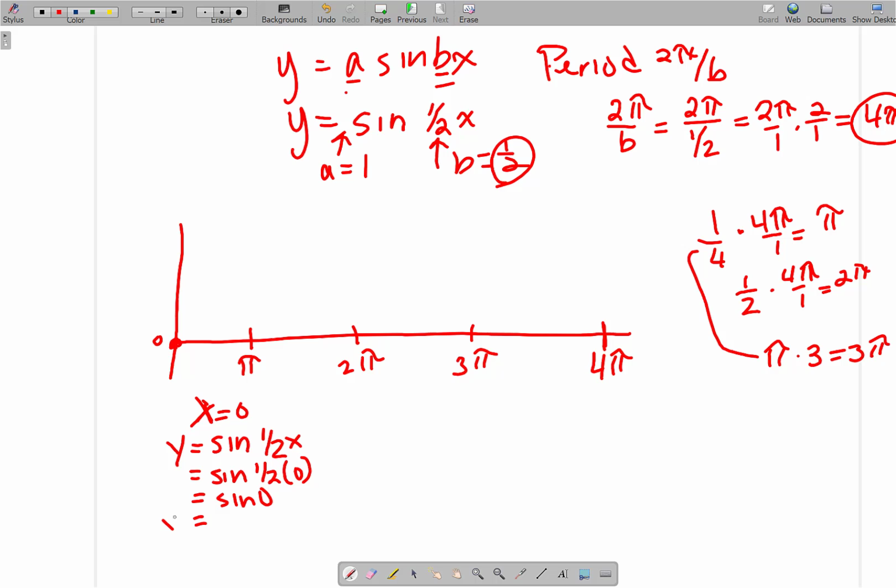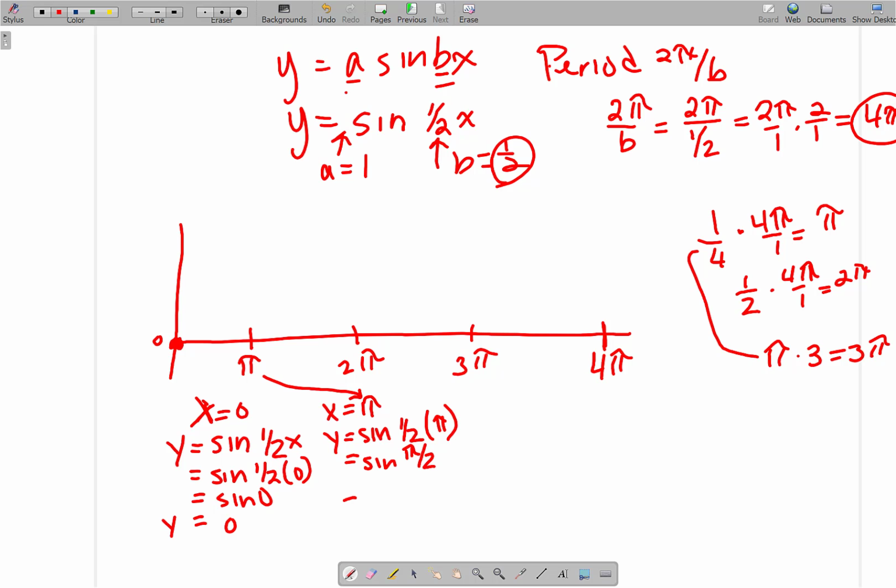And we know that the sine of 0 is 0. So at 0, we go to 0. Now let's do pi. If x equals pi, and notice I'm just putting in these values, I get y equals the sine of 1/2 times pi, which is the sine of pi over 2.